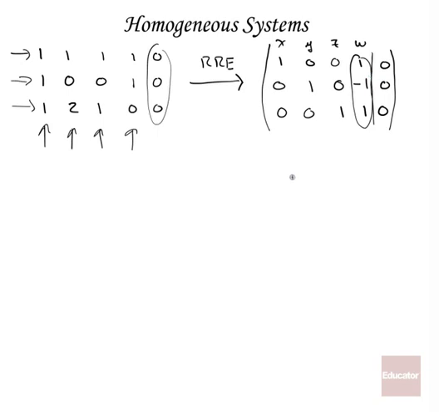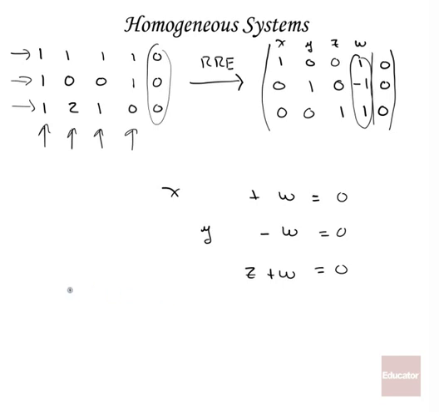Okay. Let's go ahead and list these out explicitly. What this says is x plus w equals 0. This says y minus w equals 0. This says z plus w equals 0. So w is our free parameter.